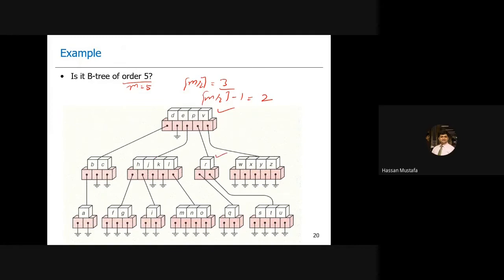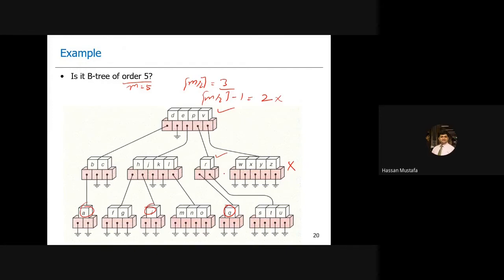We see here this node which has only 1 key, so this violates the condition that it should have at least 2 keys. So this tree is not a 5-way B tree. Similarly, this leaf node has no child, and this leaf node is not at the last level. Then we have more nodes which have fewer keys. So this example tree is not a 5-way B tree.